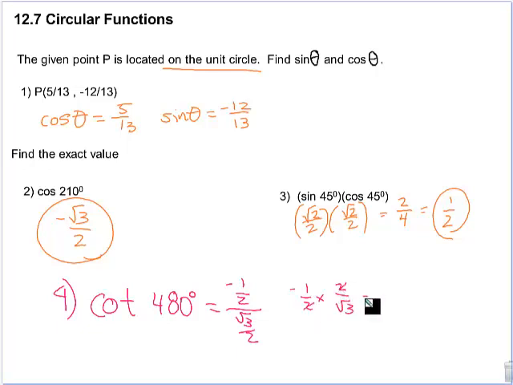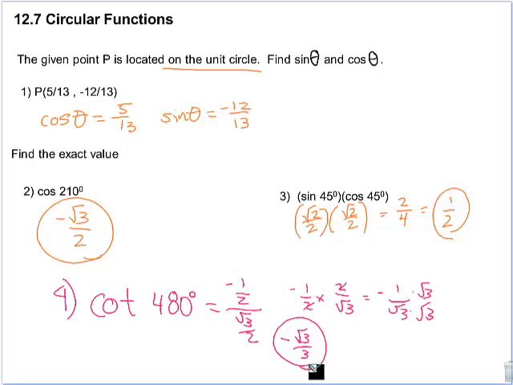They cancel, and so we're left with negative 1 over the square root of 3. And then how do you simplify that? Yep, multiply top and bottom by the square root of 3. So negative square root of 3 over 3 is the cotangent of 480 degrees. We divided fractions, but when you divide fractions, it's like multiplying by the reciprocal. Is that one okay?